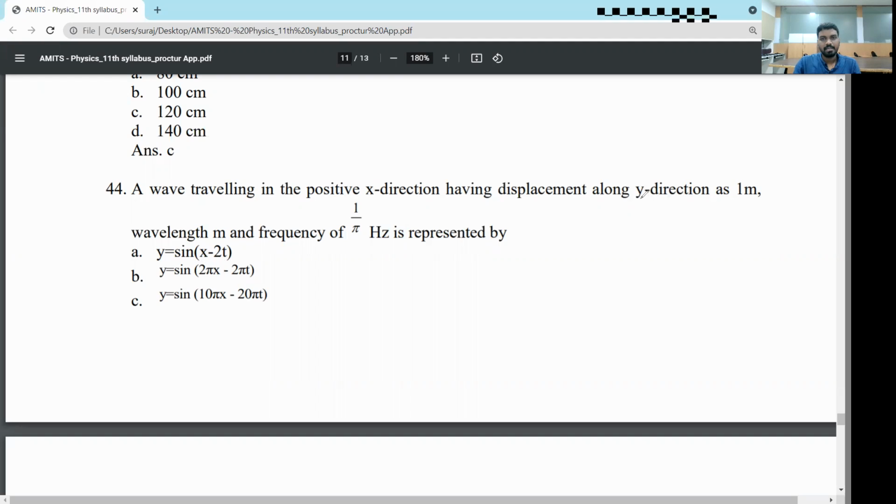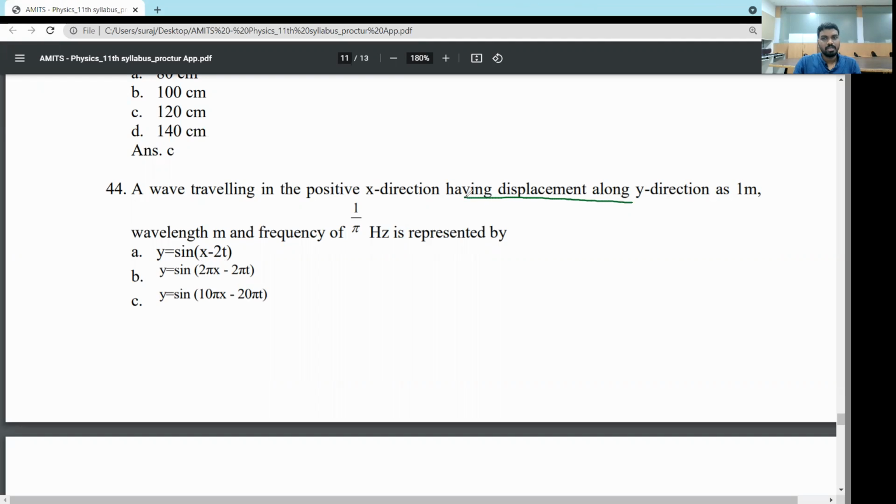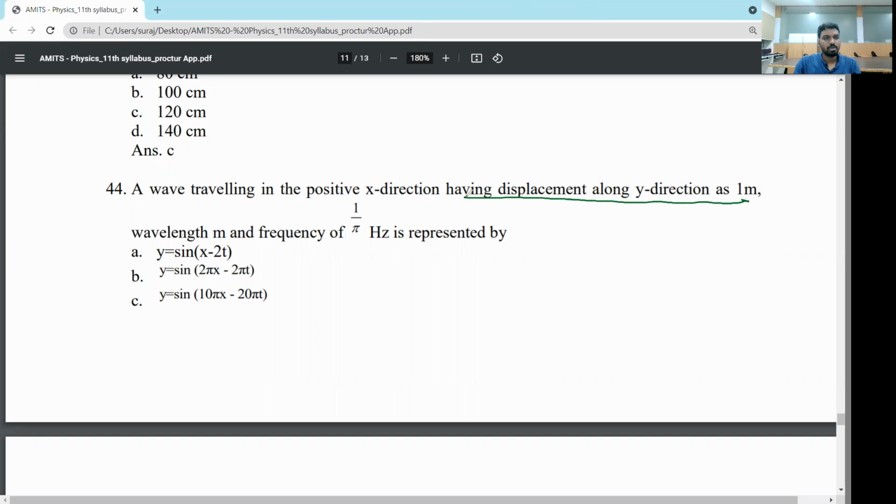Clear? Amplitude is given as 1 meter. K is equal to what? 2 pi by lambda.